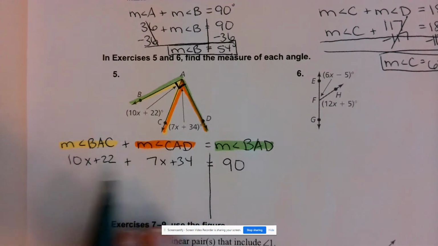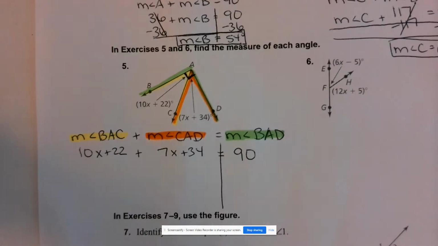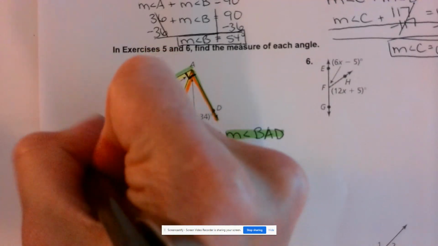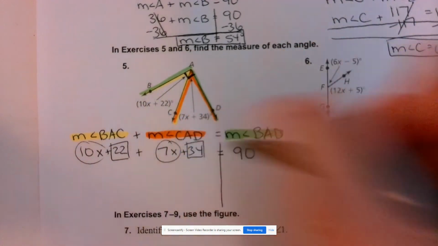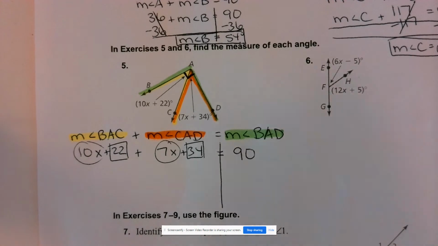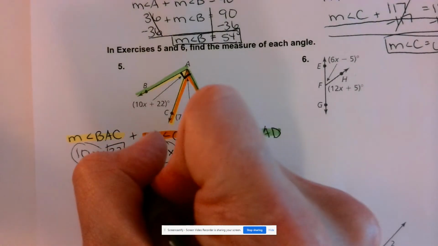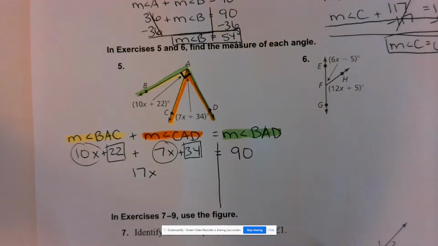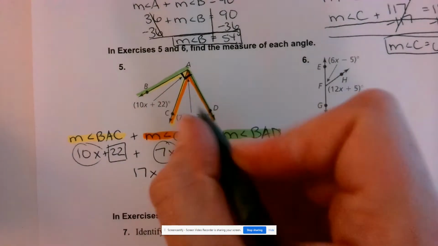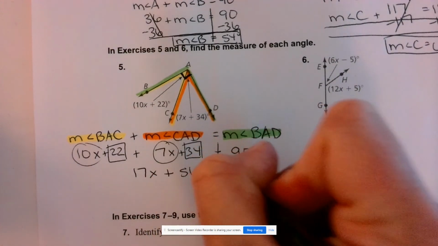I see some like terms on the left side of my equation. I can add the x terms together, and I can add 22 and 34 together. 10x plus 7x is 17x. And 22 plus 34 is 56.